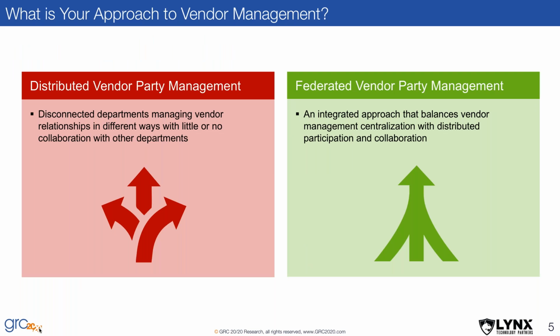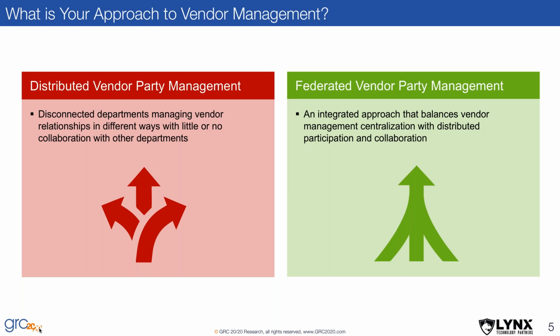So when I look at organizations and their overall strategy, the first week of these webinars, we looked at vendor risk management strategy. Then the next week, which is last week, we looked at the vendor risk management process, and today we're looking at the vendor risk management information technology architecture. When it comes to strategy, there's two approaches. We have the distributed vendor third-party management approach, in which the different departments do different things in different ways and don't collaborate and work together.